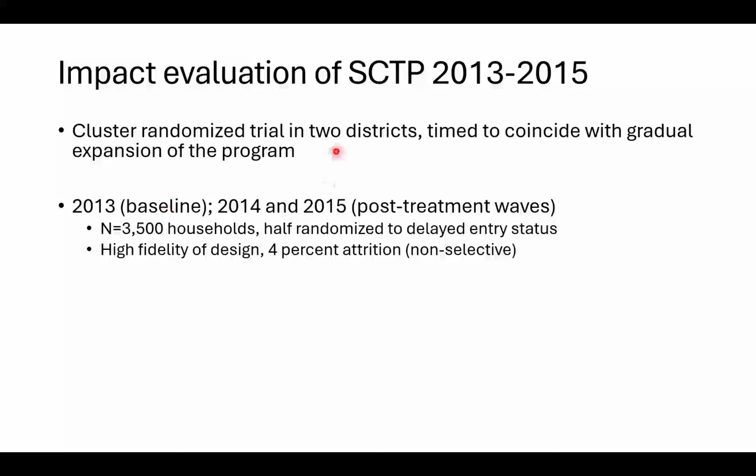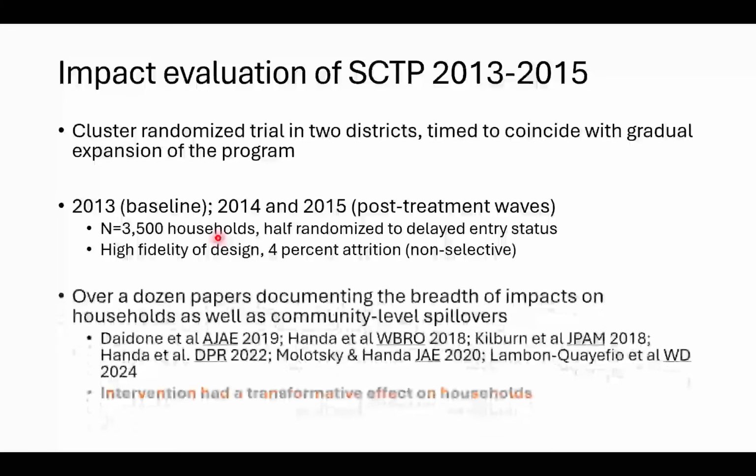So that original cluster randomized trial had about 3,500 households. We were in these 2 districts, and about half were randomized to this delayed entry status. The fidelity of the design was excellent, and we've published lots and lots of papers on that original study. Here's just a snapshot of them.